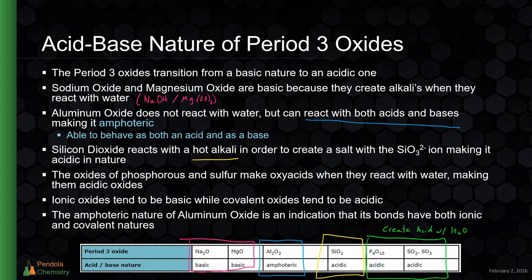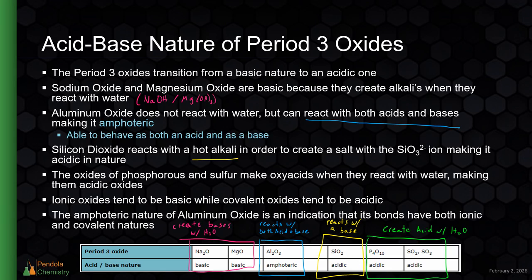These two create bases with water. The silicon dioxide reacts with a base, which is why we call it acidic, whereas the aluminum oxide reacts with both an acid and a base, which is why we call it amphoteric.